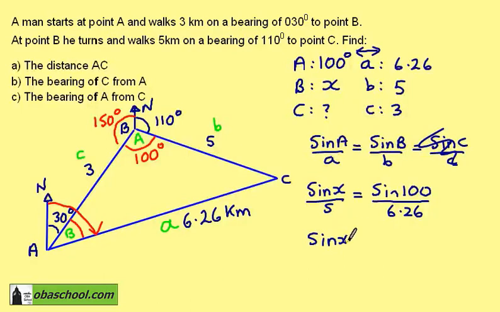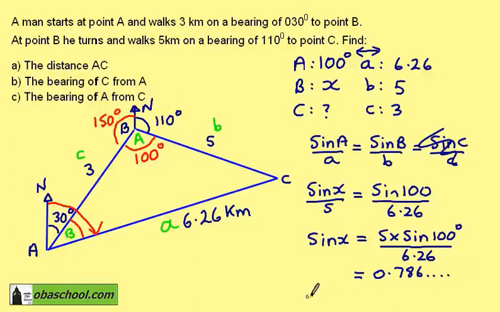This gives me that sine x is 5 times the sine of 100 divided by 6.26. Calculating this gives us that sine x is equal to 0.786 and so on, and to find the angle x we need the inverse sine or shift sine on the calculator of this number, and this gives us 51.9 degrees to 3 significant figures.